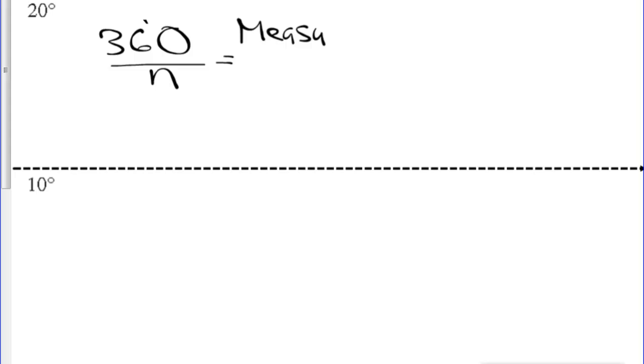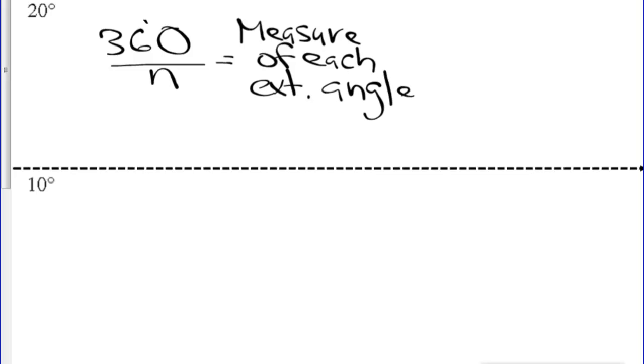So we're going to say 360 divided by n equals the measure of each exterior angle. So what's the measurement of each exterior angle for this problem? They give it to be 20. So then here's my equation. 360 over n equals 20.